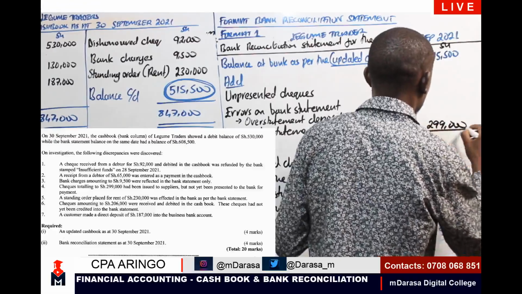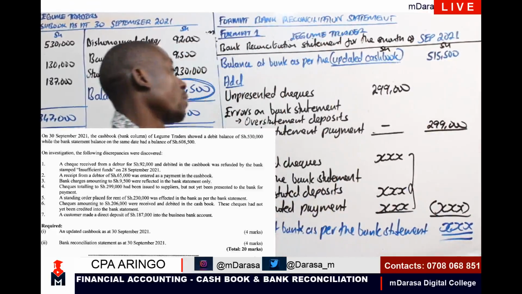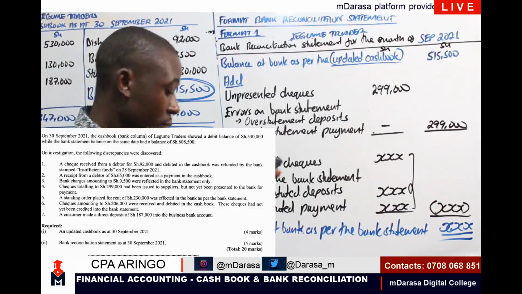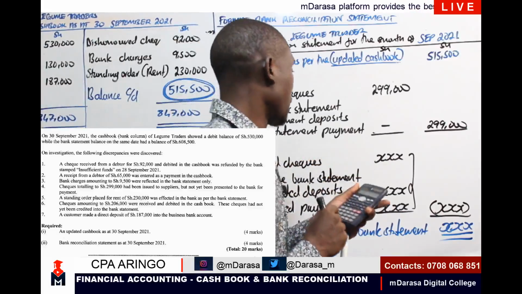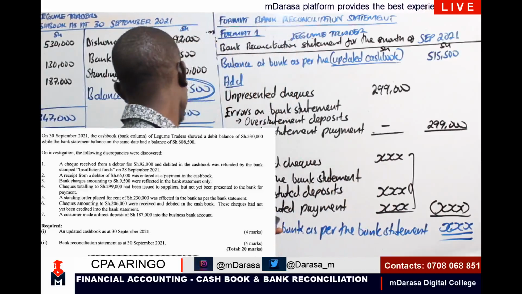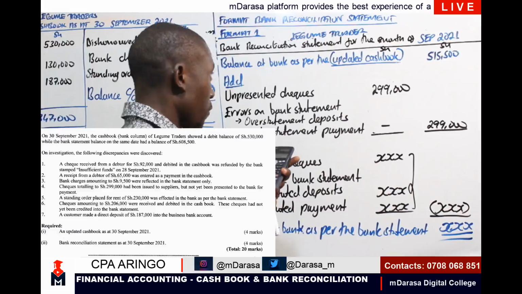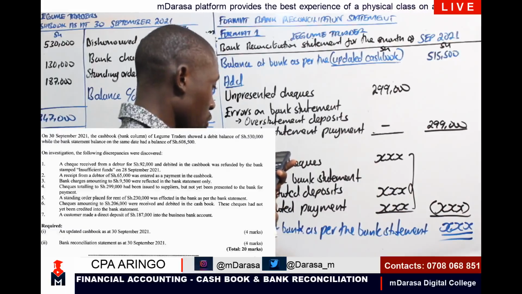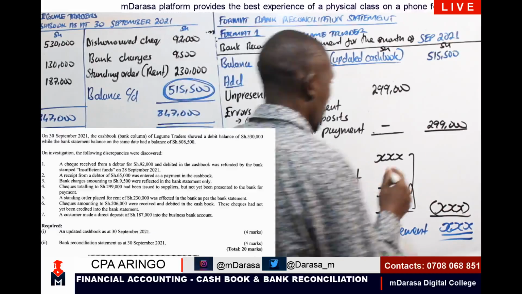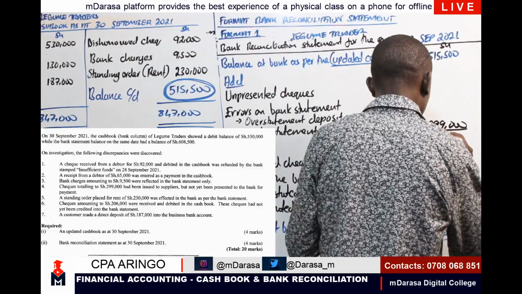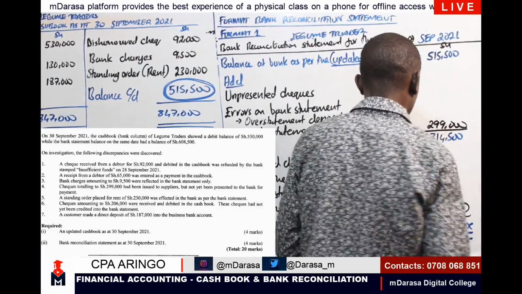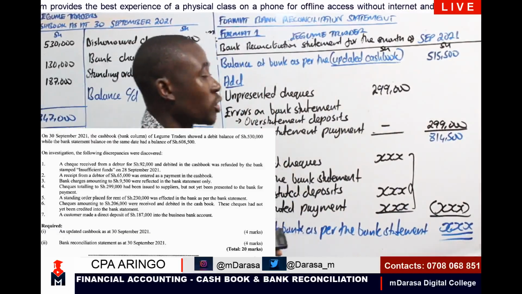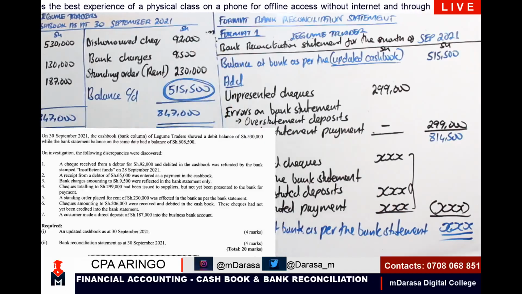If we add it with 515,500, how much will we be having? 515,500 plus 299,000 gives me a figure of 814,500. The next thing to do is to identify if at all we had any uncredited checks.